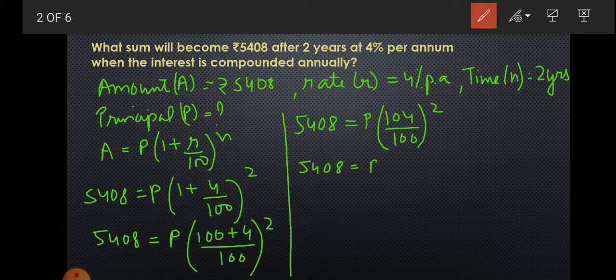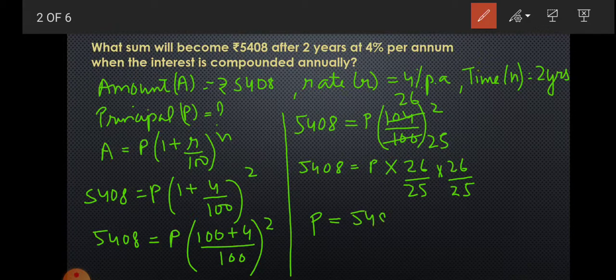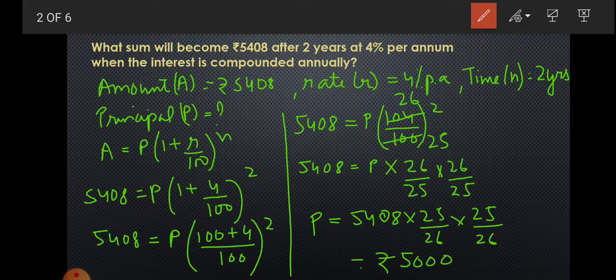Cancel 104 by 100, we get 26 by 25. So principal into 26 by 25 into 26 by 25. Cross multiply it to find the principal. Principal is equal to 5408 into 25 by 26 into 25 by 26. So principal is equal to rupees 5000.